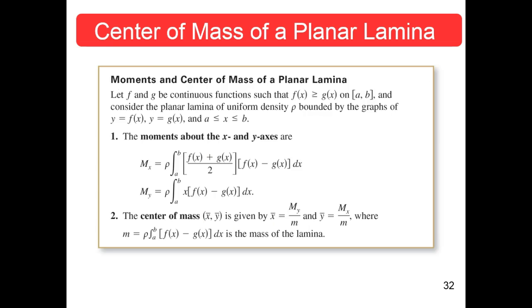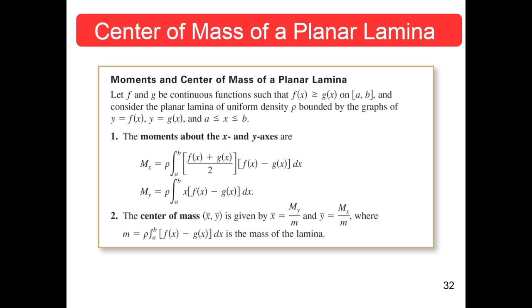So they showed you that part. That's the more difficult part. The M sub y is just x times the distance there. Okay? X is how far you are from the axis, and that's the width, there's the mass, that's your mass times the distance. So this one's an easy one to do.